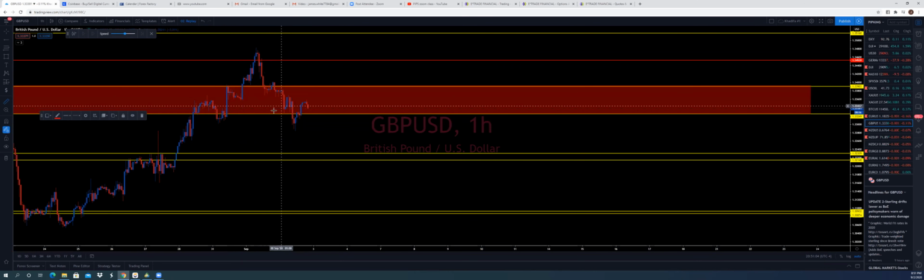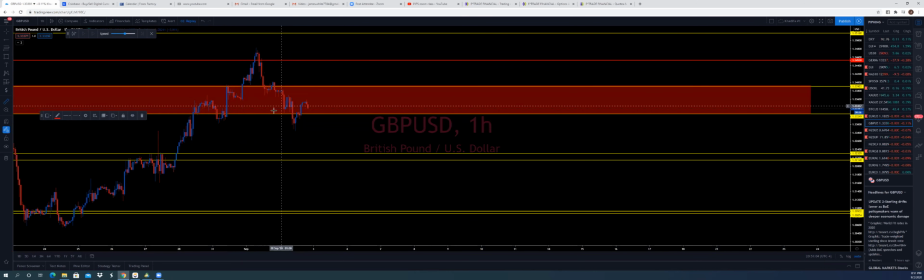So if the dollar continues to be bullish, then we can expect GBP USD to come on back down here and test the price action. That's about 1.0720 something.